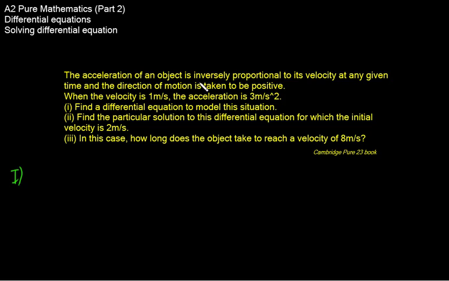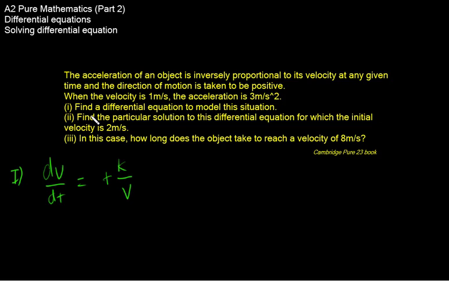The acceleration of the object, acceleration is the change in v over the change in t. It's inversely proportional to its velocity, so proportional to is equal to k over v. The direction of motion is taken to be positive, so that's a plus.